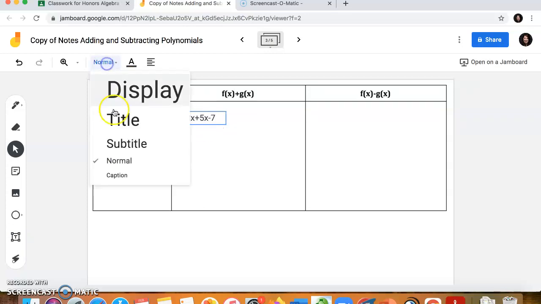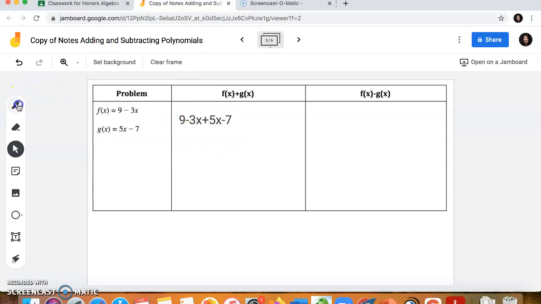And then we're just going to combine our like terms. So we can combine the negative 3x and a positive 5x. Negative 3x plus 5x would be 2x.